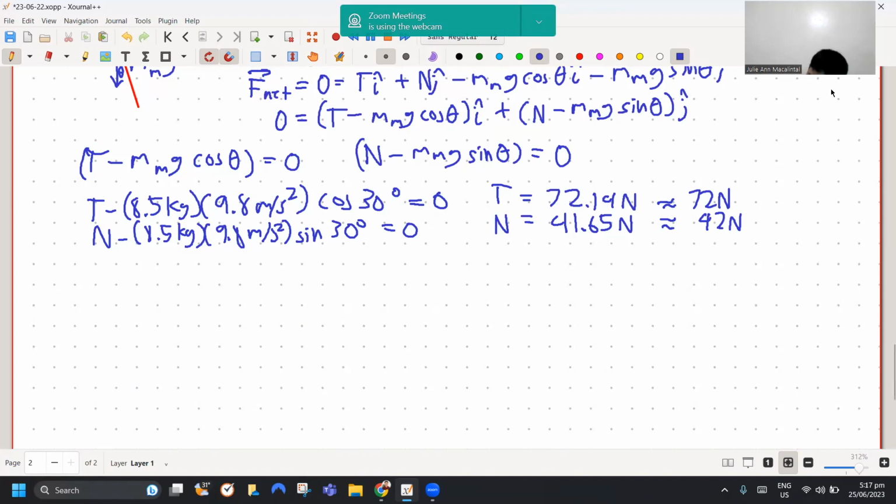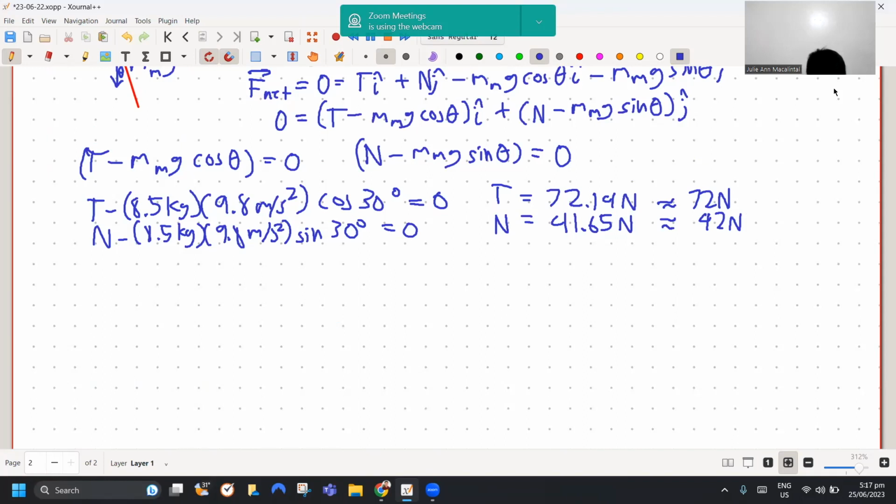Okay, so alam na natin yung tension at saka yung normal force. So tension is the force by the rope. Normal force is the force from the floor or from the frictionless surface. Okay, ngayon, paano magbabago yung free body diagram kapag pinutol mo yung cord? Kasi pag pinutol mo yung cord, iba na yung forces.